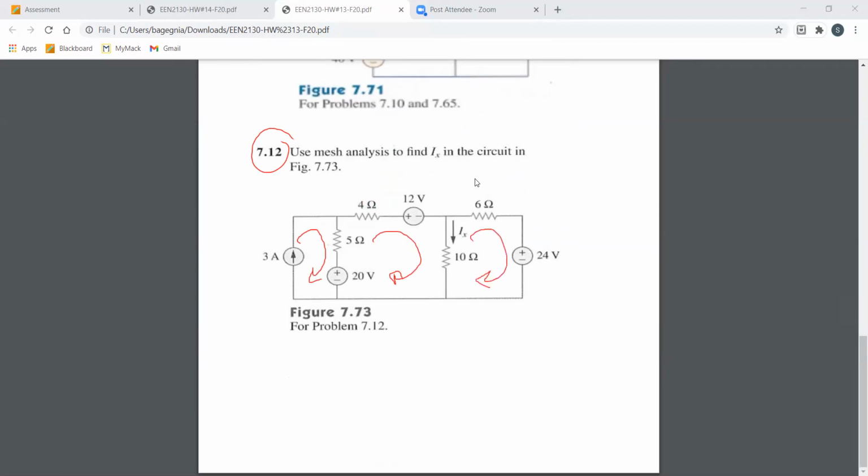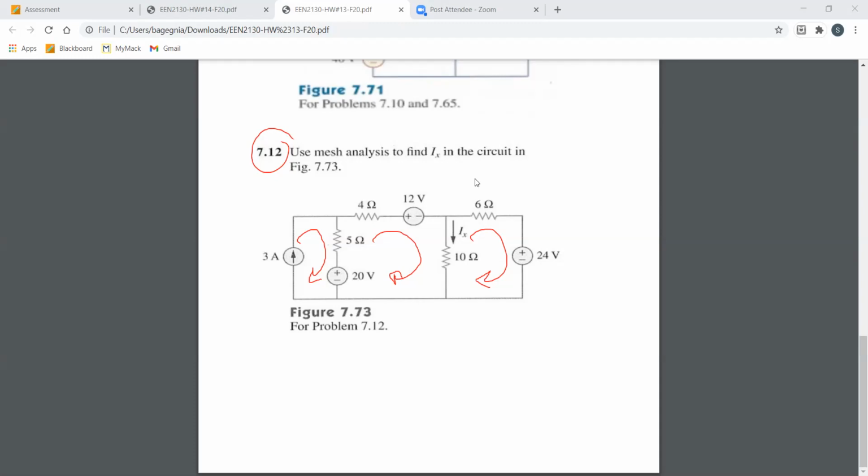Again, a mesh, which means KVL, which means voltages. So when we see voltages anywhere, we should be happy, shouldn't be upset, shouldn't panic. If we see current, sometimes you need to be a little bit upset. Why?